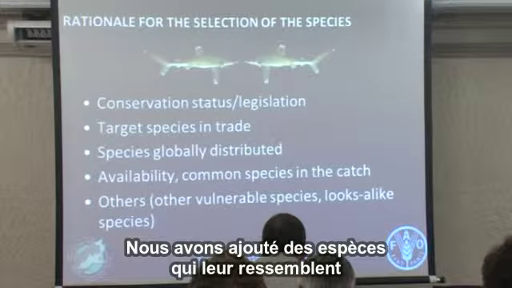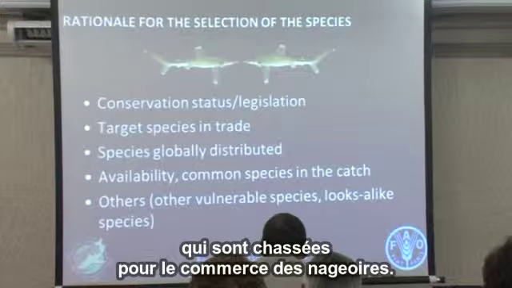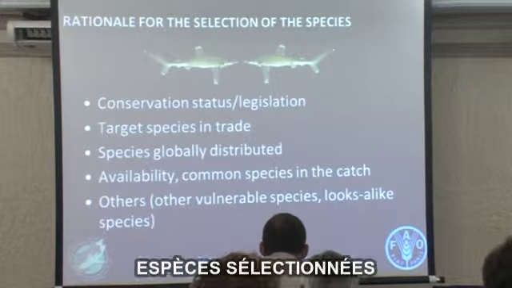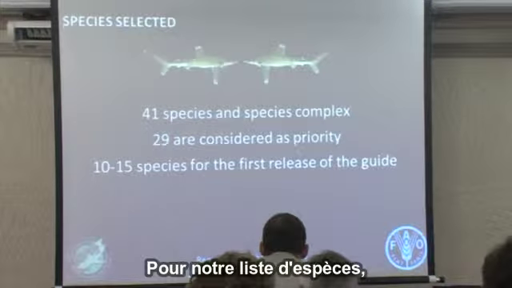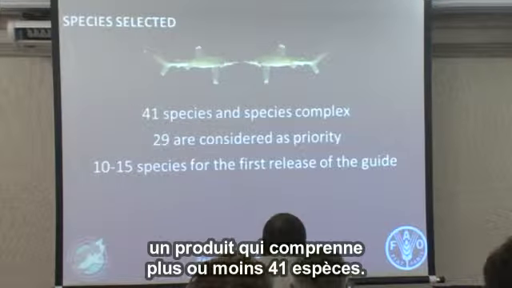And we added also other species that look alike, or data deficient species, or others that are usually traded as fins. So now the situation of our list of the species is that we would like to produce a product including 41 species, more or less.